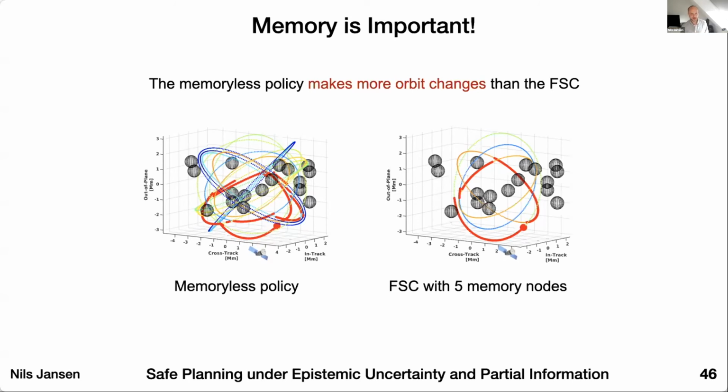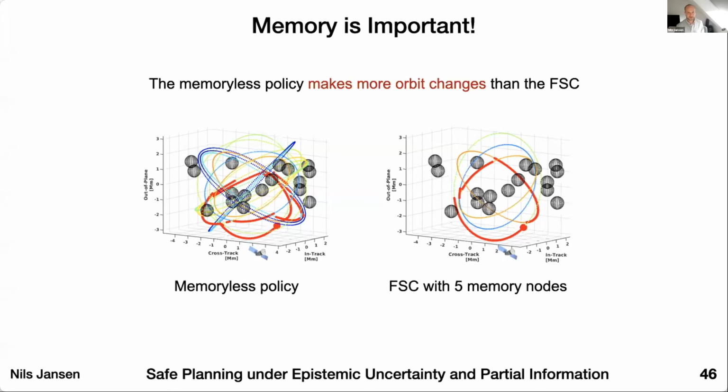If, however, we give it the underlying finite state controller just 5 memory states here, 5 memory nodes, we only need to switch 1, 2, 3 times, right? And this is really not fabricated. This is just what happened for us all the time. If we gave more memory and we could still compute solutions, then we get just way better solutions out of this. So this is kind of an important takeaway message that I want to show.